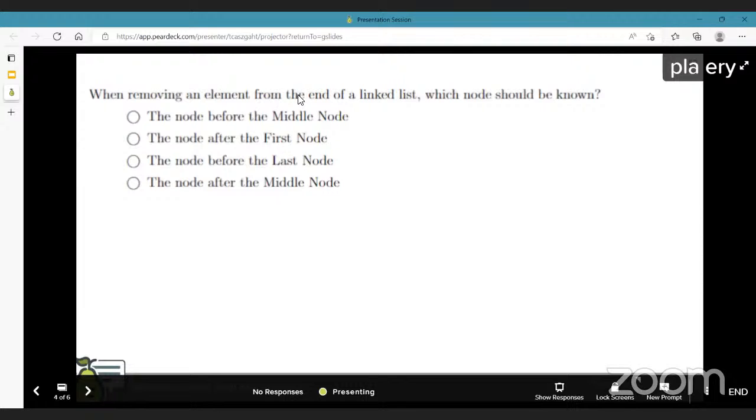That is, when removing an element from the end of a linked list, which node should be known? Which among these nodes should be known? You should answer that. We'll wait for a few minutes for all of you to answer.